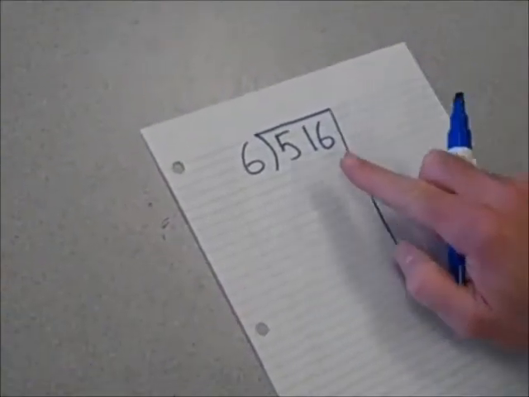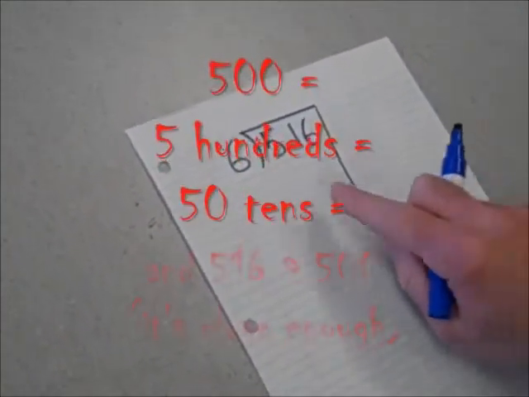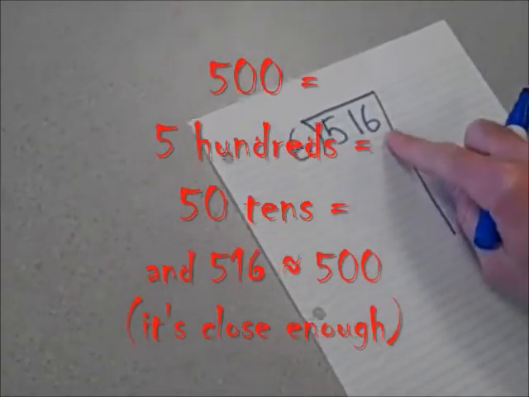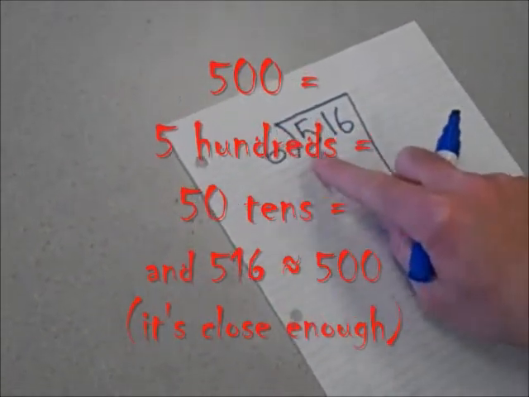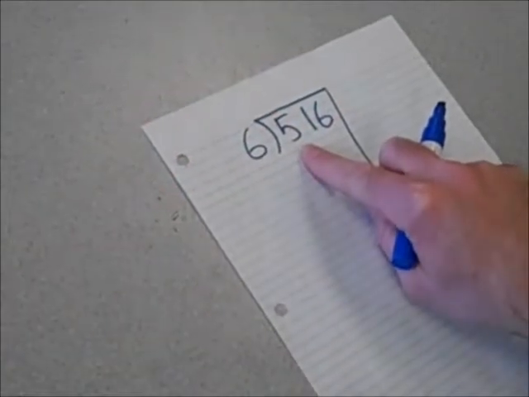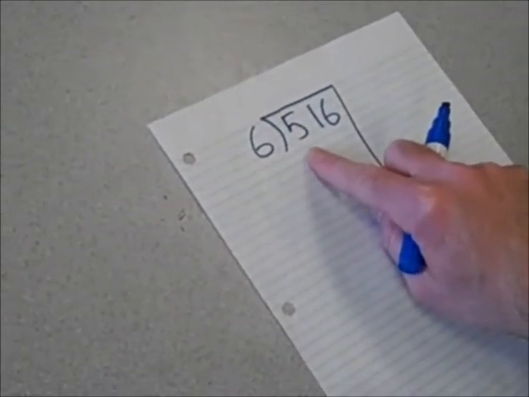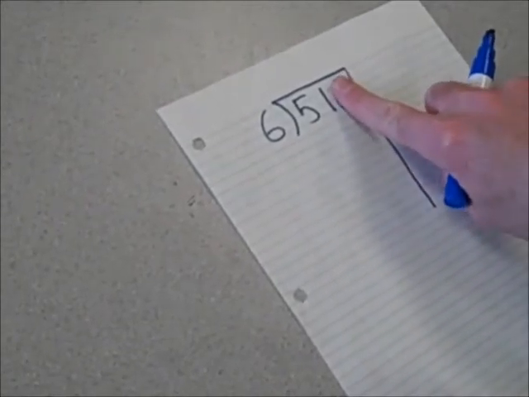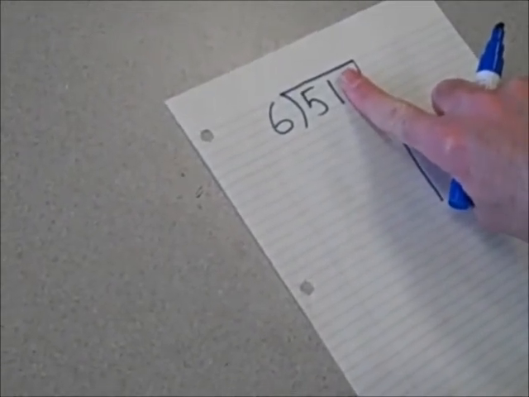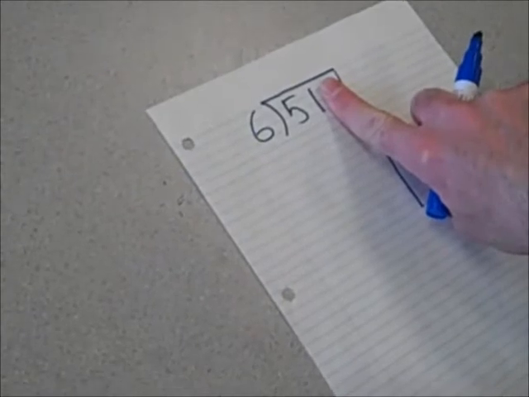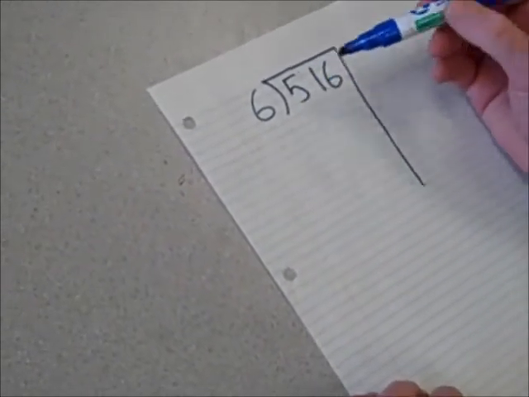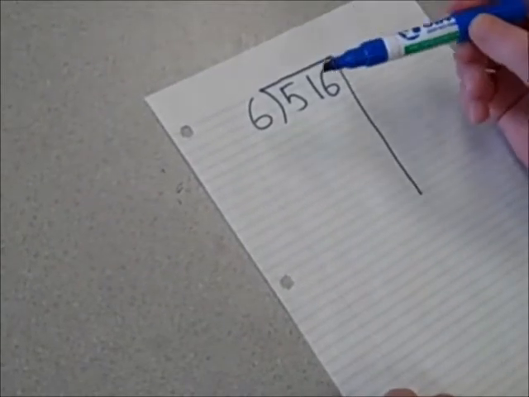To think about that, I'm going to think of 516 as 5 hundreds or 50 tens. 6 times what would equal 5 hundreds, or 6 times what equals 5? That doesn't work. So I'm going to think 6 times what would equal 51, or 51 tens, because 510 is 51 tens.